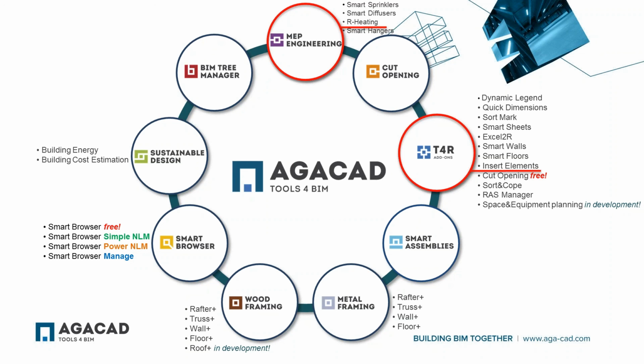We have structural stuff like wood framing, metal framing, assemblies. We have BIM tree and smart browser for browsing of libraries, and little tools for quick work, like insert of Excel spreadsheets into Revit, sort and mark elements, insert elements fast, etc.